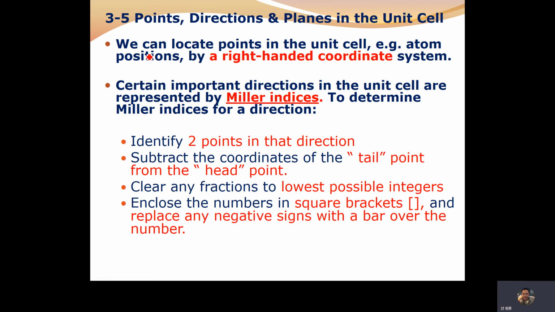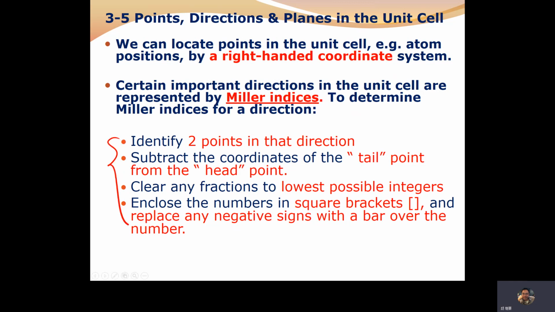Next, how do we define the crystal direction or crystal plane? I'll introduce how to define the crystal direction first. Miller indices are used to determine the crystal direction and plane. And these are its steps.